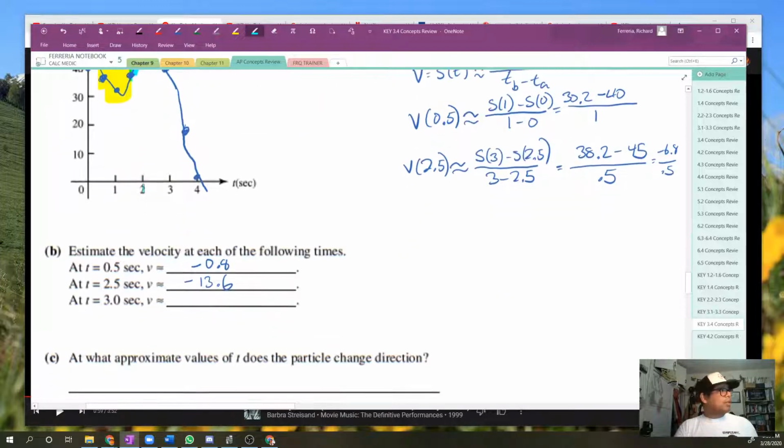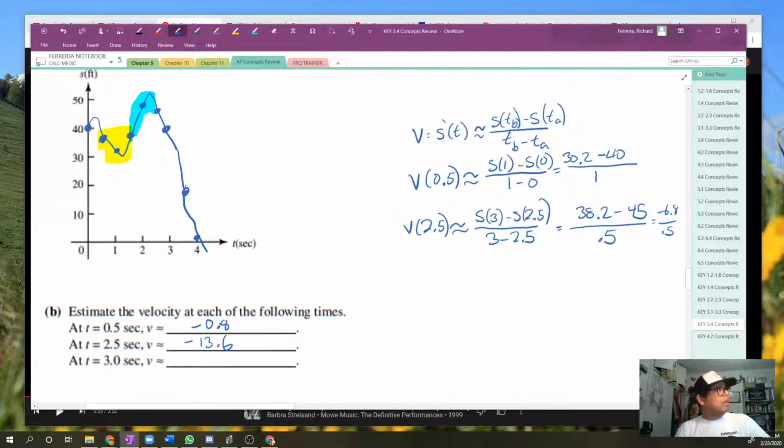Okay, so approximate values, well, any value between 0.5 and 1.5. I don't know, let's say at approximately t equals 0.8. If someone's really reading your work, they'd have to accept any answer between t equals 0.5 and t equals 1.5. Where is there a maximum?